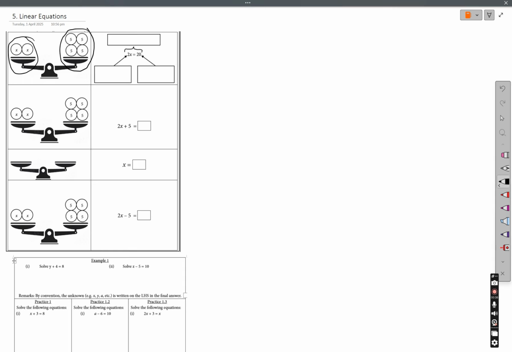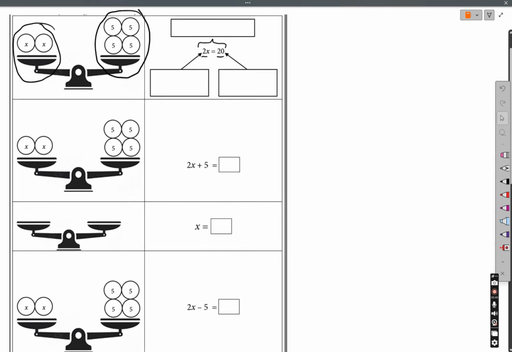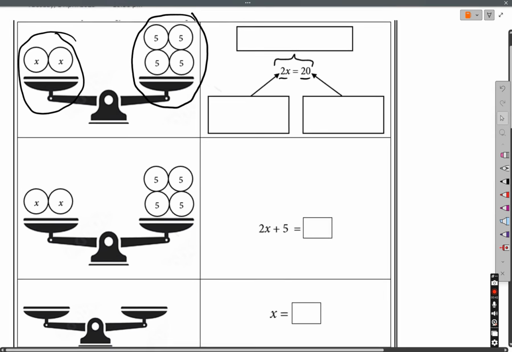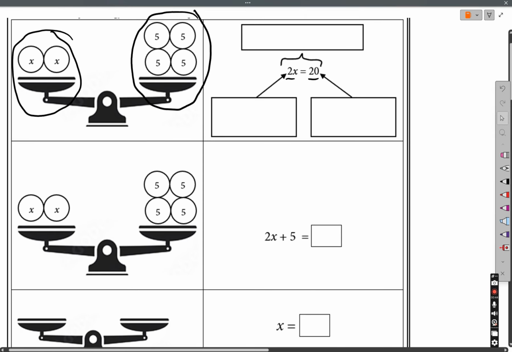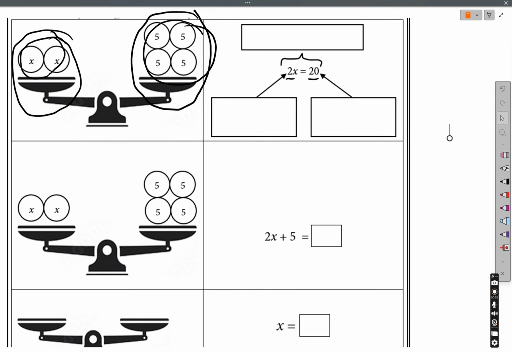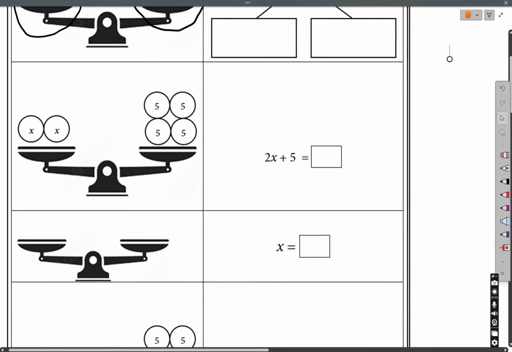So in this case, we have 2x equals 20. When you have 2x on the left hand side and 20 on the right hand side, the scale is balanced.